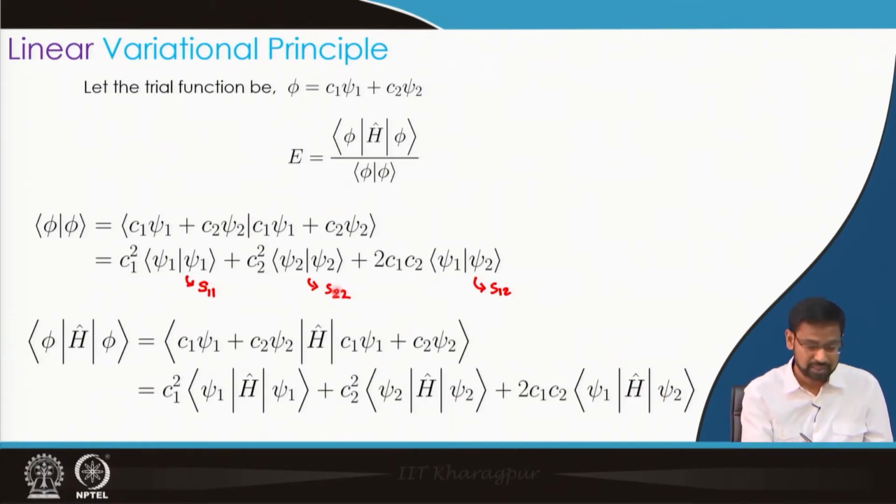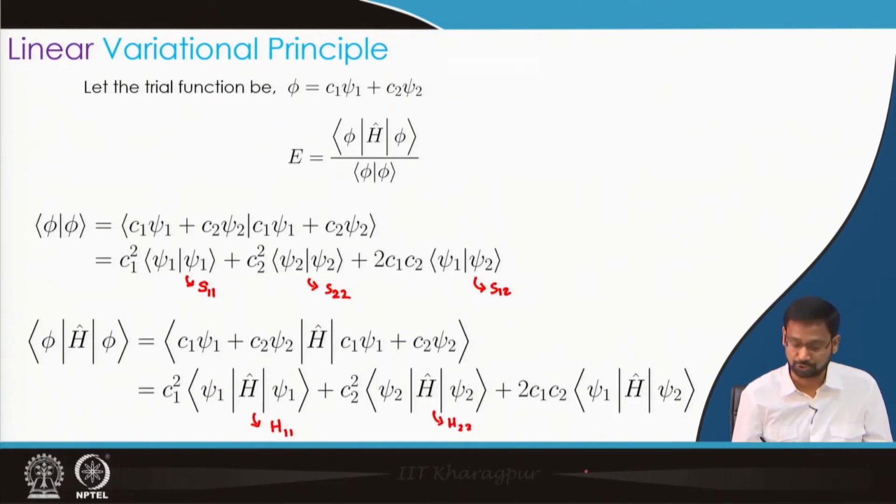Now, the way we define these overlap integrals as S11 or S22, we will do the same thing for these energy expressions. We call these terms H11, that means this is the Hamiltonian matrix element with respect to the basis function psi 1, and H22, when I evaluate this integral.